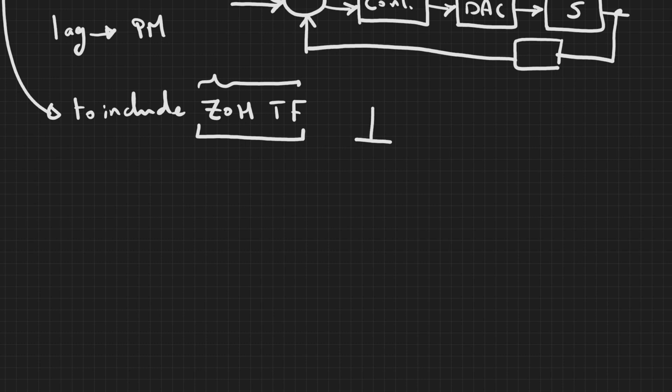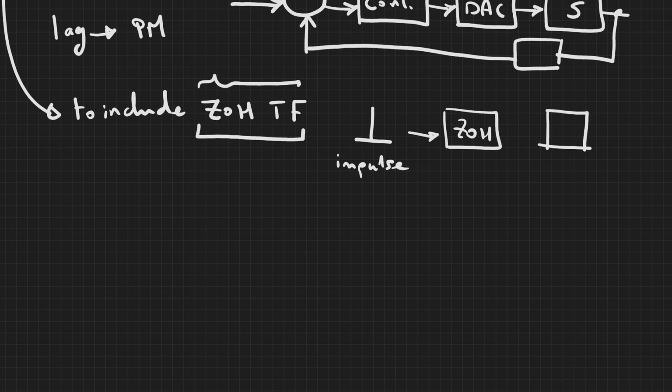The impulse response of the zero order hold is quite simple. If you have an impulse as the input of this block, applied to the zero order hold, what you get at the output is a pulse like this. If this is at 0, this is what you get.